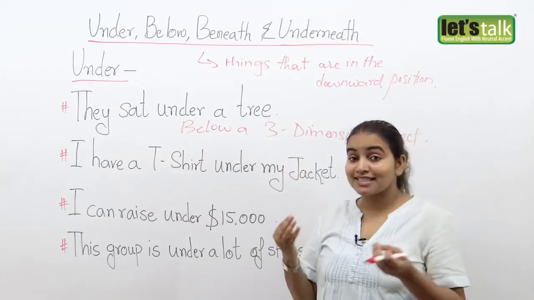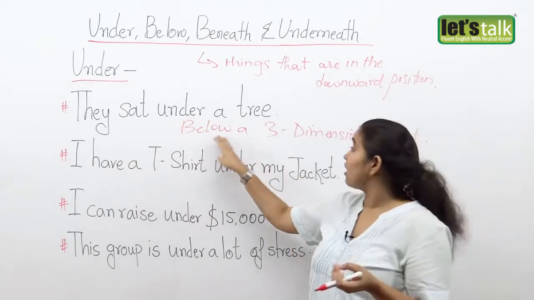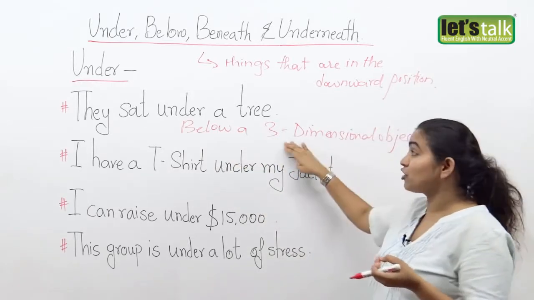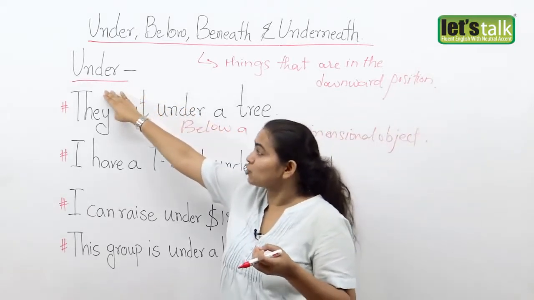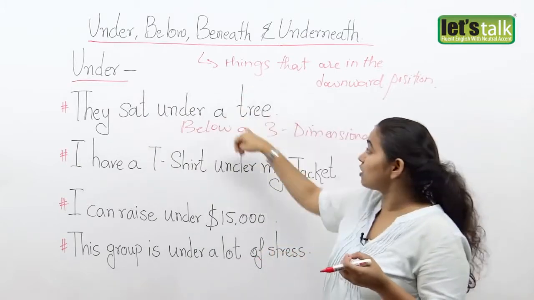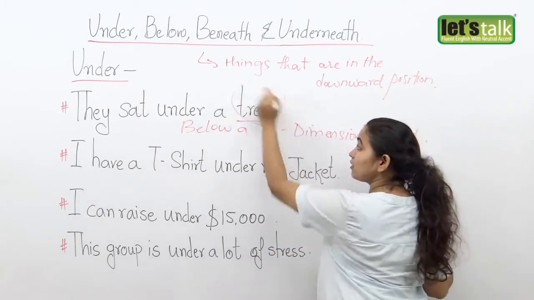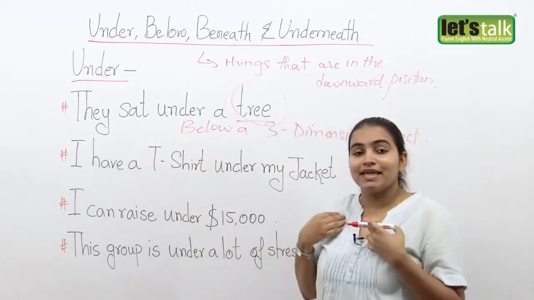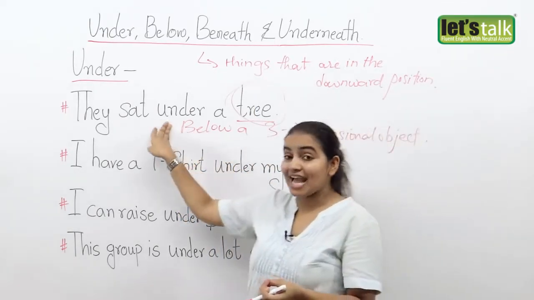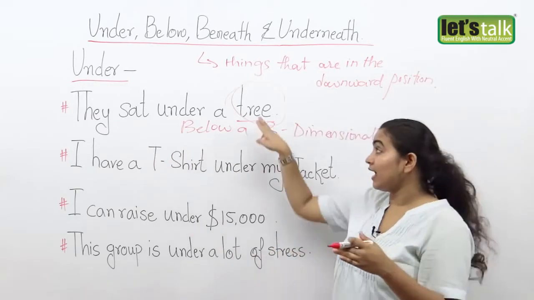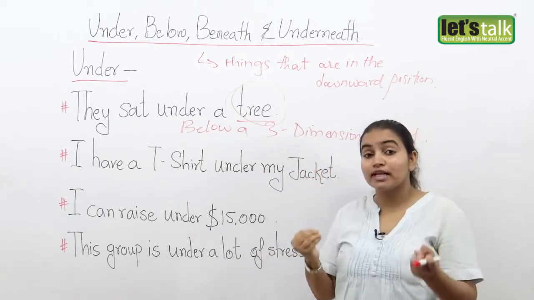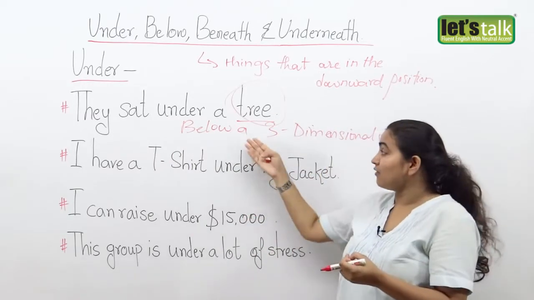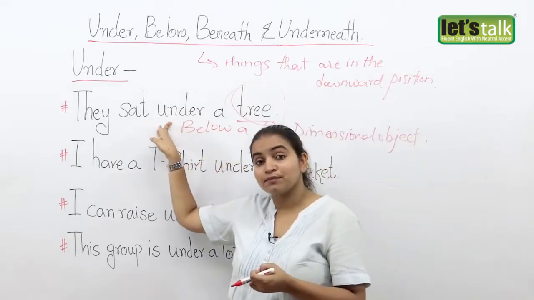Now remember, I said below a three-dimensional object. So anything under a three-dimensional object like a tree, for example, then I use the word under. So if I want to say, me and my friend, we sat under a tree, which is a three-dimensional object, then I use the word under.